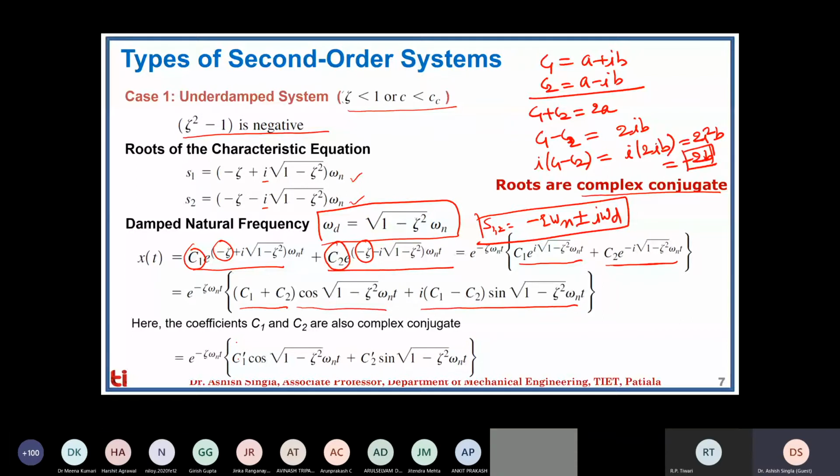So you can see that C1 plus C2 and iota times C1 minus C2 are both real numbers. We represent these two numbers as C1 dash and C2 dash respectively. Both are new constants which are real numbers. And we can write this as omega d, and this also as omega d.